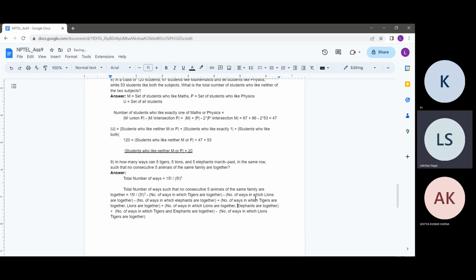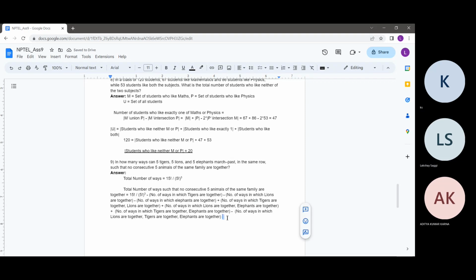Just writing it down in a different manner, so after you read this doc, you don't get any confusion. The number of ways in which tigers are together, elephants are together. And then I'll subtract the number of ways in which lions are together, tigers are together, comma, elephants are together.